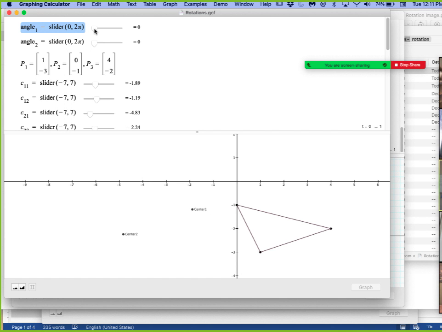And then once you got them set, rotation angle one rotates the triangle around the first center, and then angle two grabs it from there and rotates it around the second center. So pretty cool. All right, any questions on how it works?